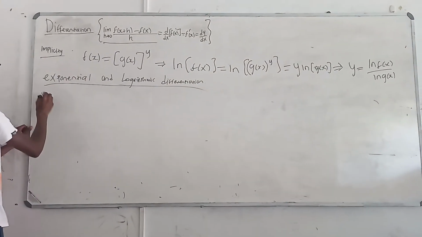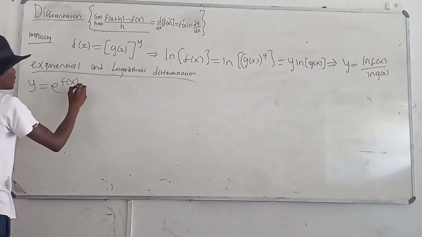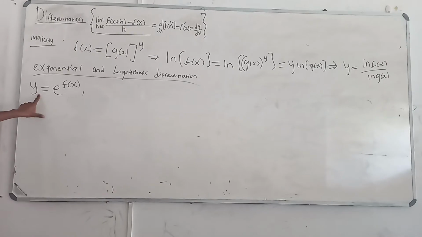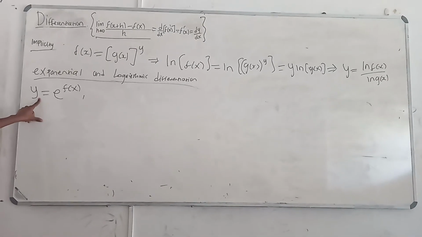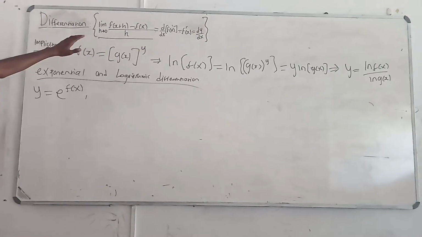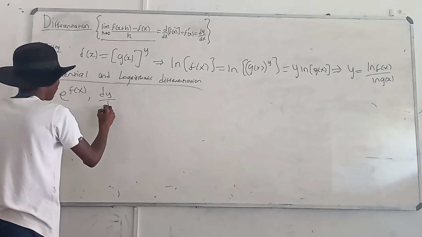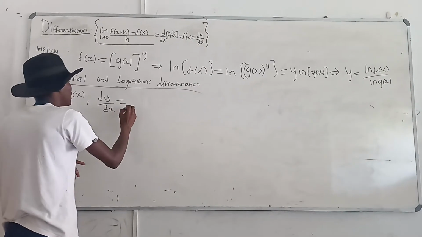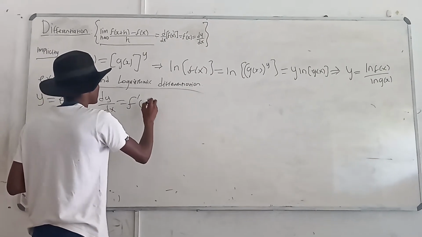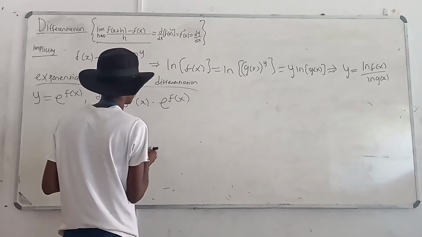So, we are given your function y is given by e to f(x). When we substitute this function in the exponential, from first principles, we are going to find that dy over dx is nothing but f prime(x) multiplied by e to the f(x).